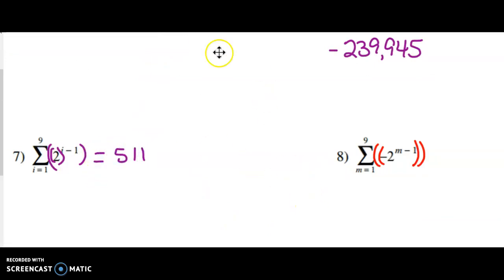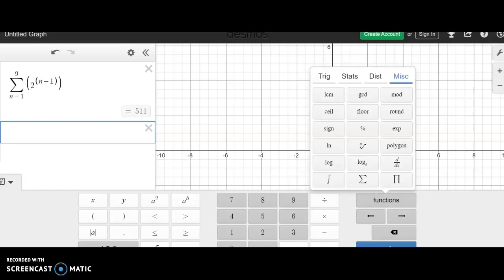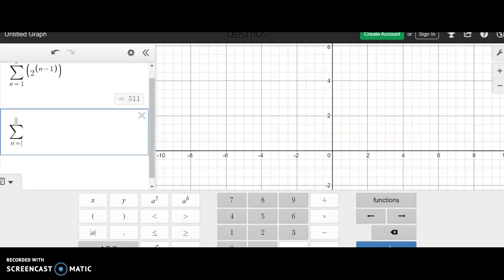If I go to Desmos and do the same problem, in order to get this, I have to go to functions, over to miscellaneous, and under miscellaneous you have your summation key. So you plug in your summation key, and instead of x, this one automatically comes up as an n. So we have to remember to replace our variables. So it goes from 1 up to 9.